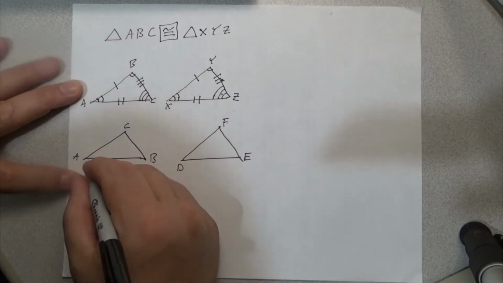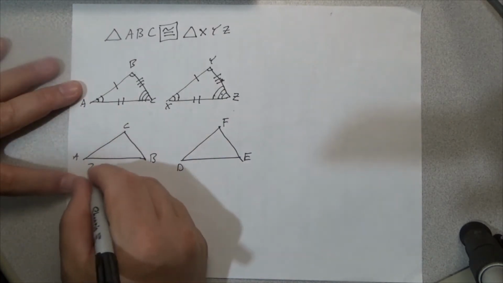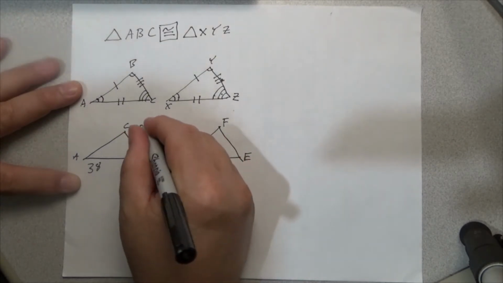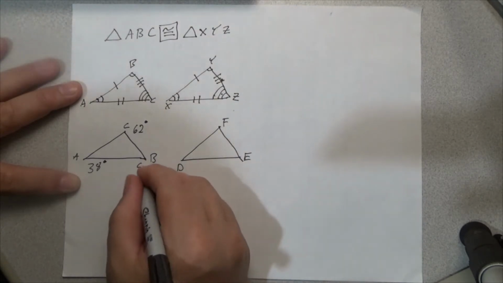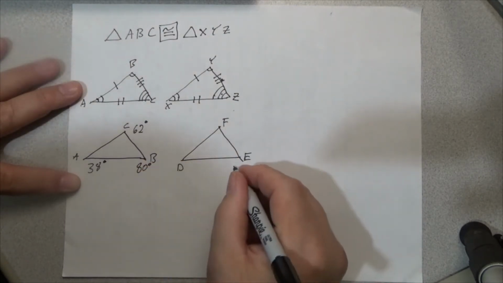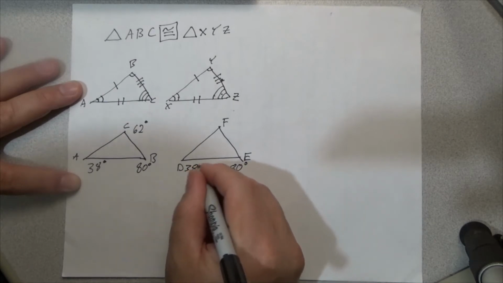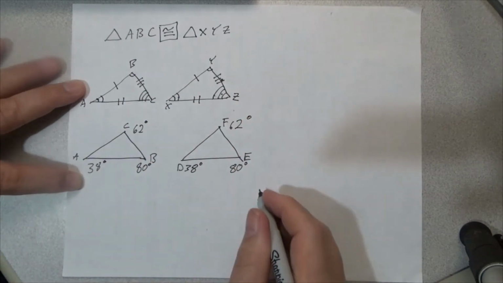So this is angle, I'll write it outside to keep it neater, 38 degrees there, 62 degrees here, and 80 degrees here. So 80 degrees, 38 degrees, 62 degrees.